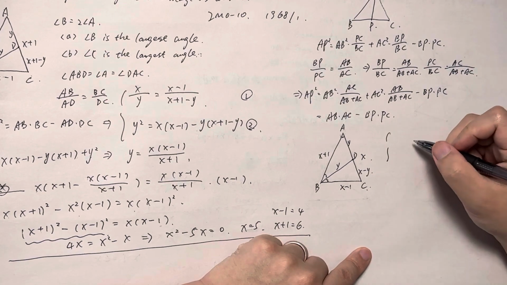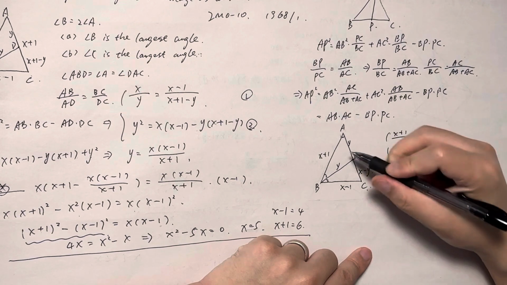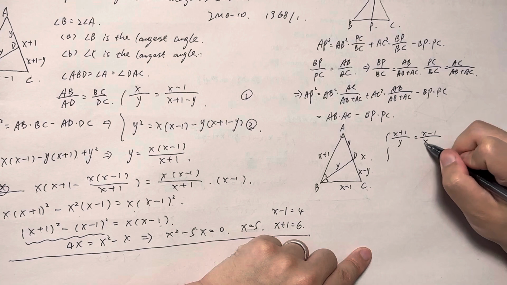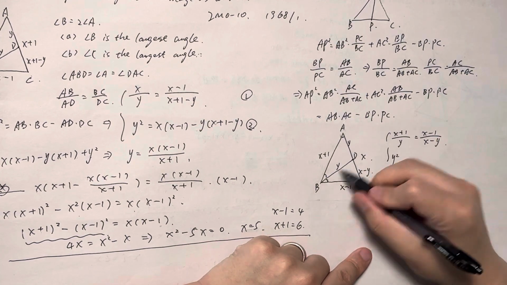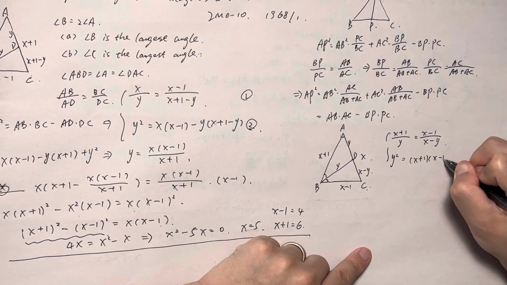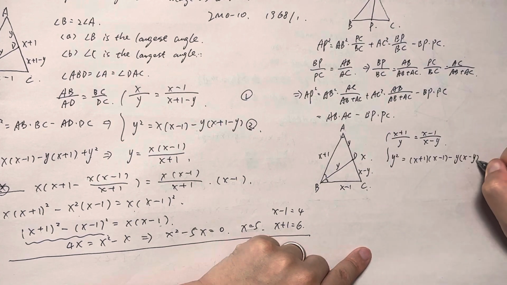Then we got two equations here, which is (x plus 1) divided by y equals 2, (x minus 1) divided by (x minus y). Right, and the second equation, y squared equals 2 times (x plus 1) times (x minus 1) minus y times (x minus y).